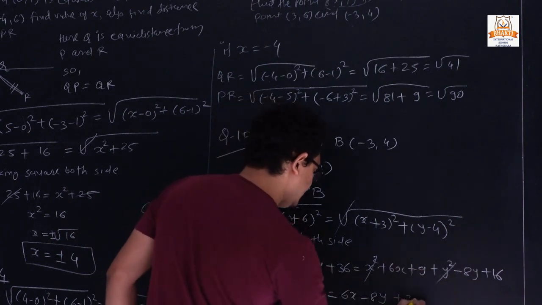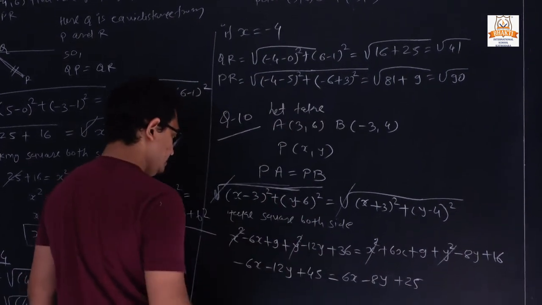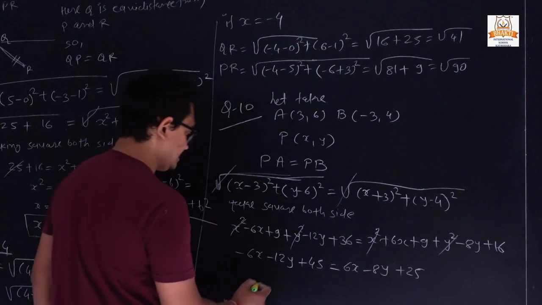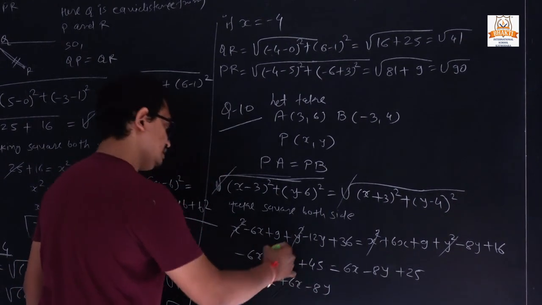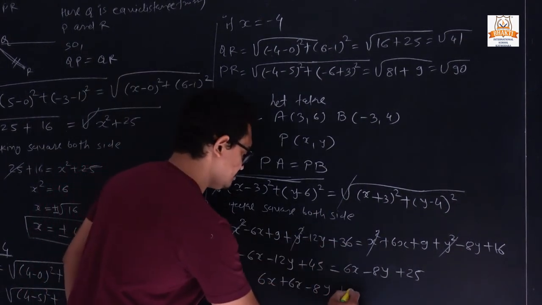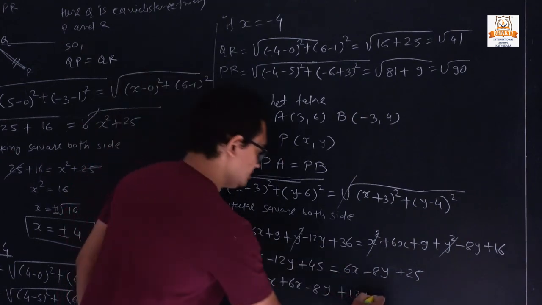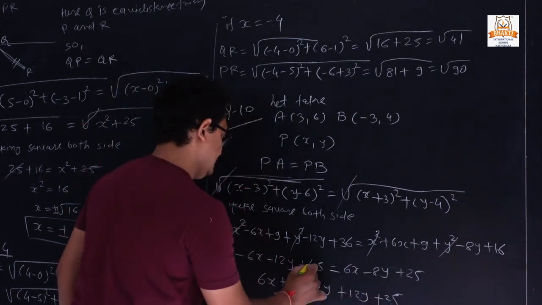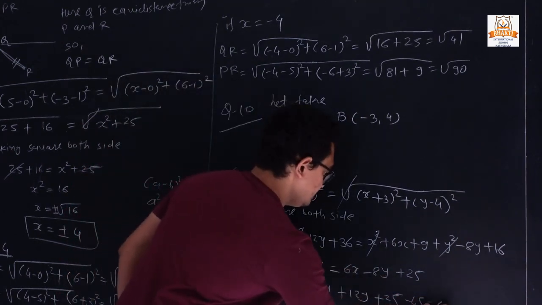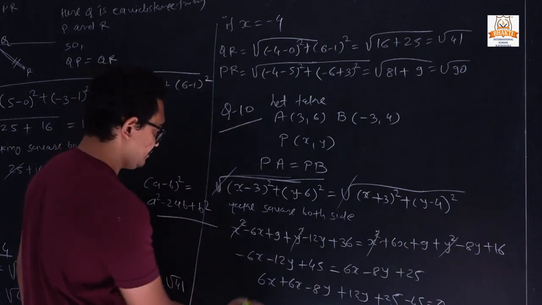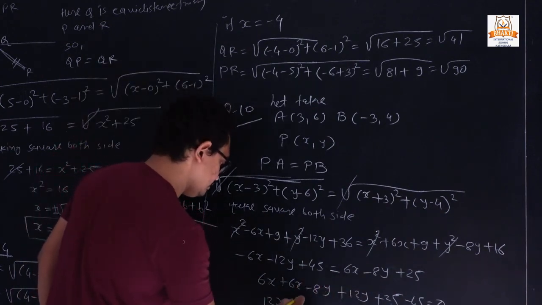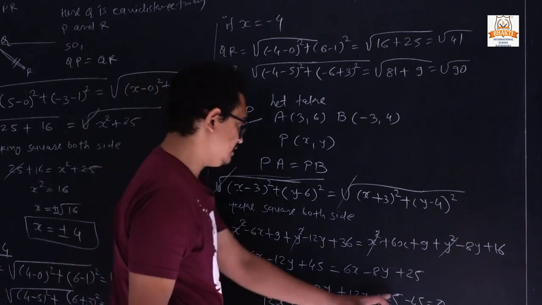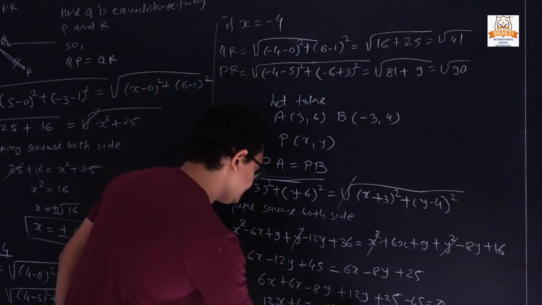plus 9, 25. Now this value is going to the second side, so it becomes plus, and this also goes to the second side, so once again it becomes plus, and this becomes minus. Now simplify that, so 12x, minus 4y, here minus 20.